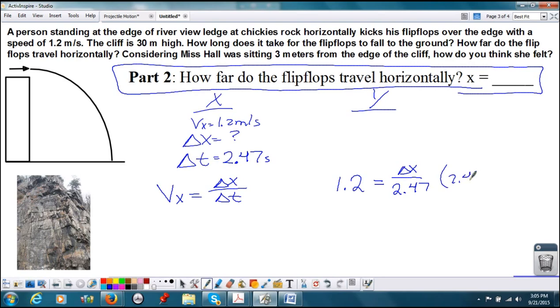Multiply both sides by 2.47. The change in displacement is equal to 2.97 meters.